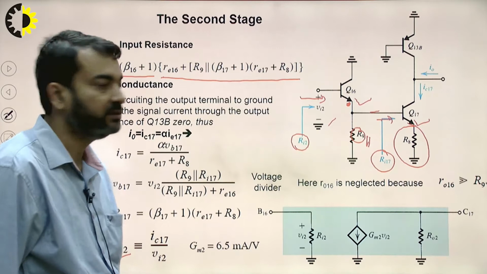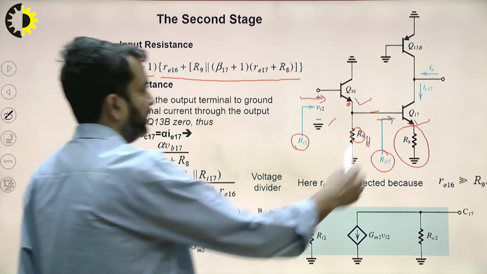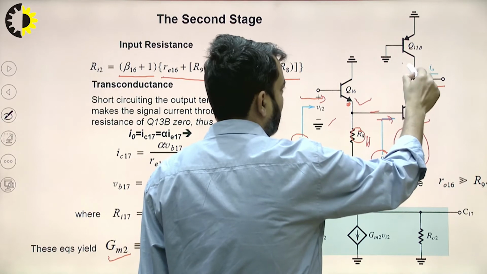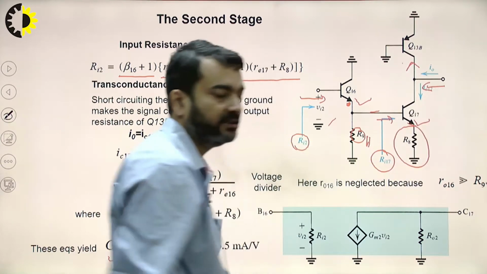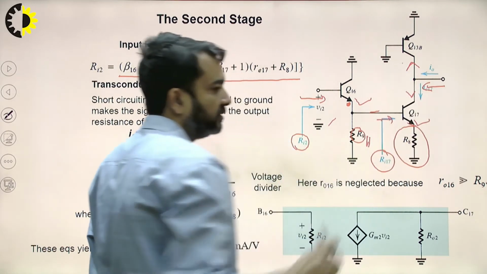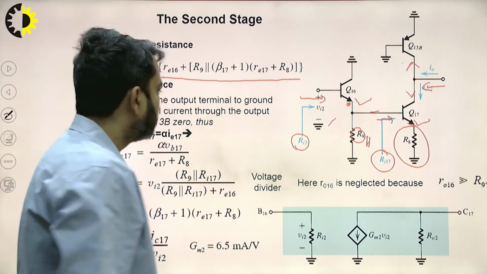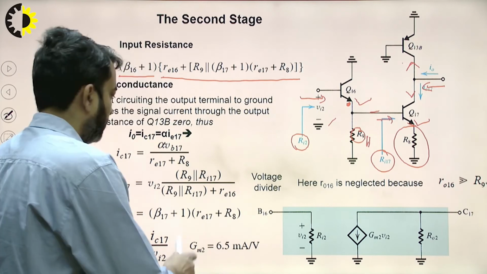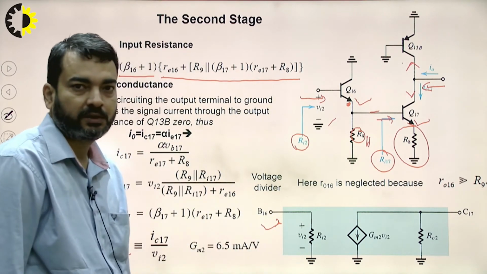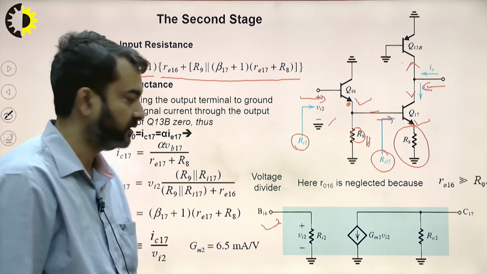So if we see the output resistance, if we are looking from this point, it is again the parallel combination of the resistance present in this branch and the resistance present in this branch. So this is the equivalent circuit of the gain stage.